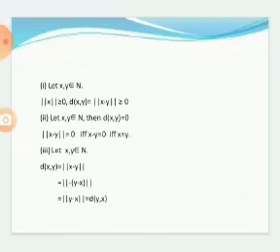Let x, y belongs to N, d of x comma y equal to norm x minus y. It can be written as norm of minus of y minus x. So every element in the norm becomes positive.